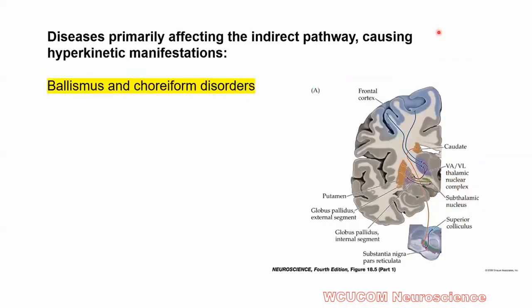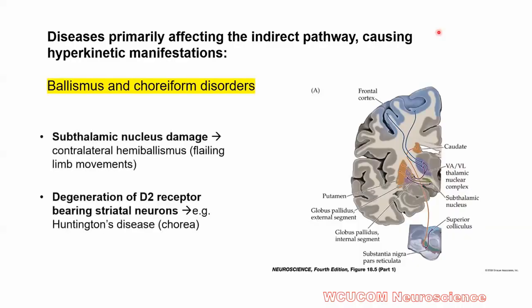Which is to say also that diseases primarily affecting the indirect pathway will cause too much movement in that sense, unwanted movements breaking through, the so-called hyperkinetic manifestations. Ballismus and choreiform disorders would be examples of this category.